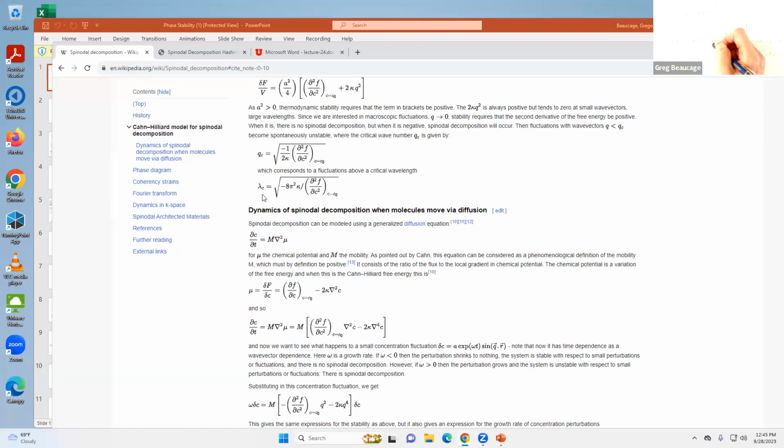Anyway, if you plug this in, then you're going to end up with FBC0. So the derivative of sine is cosine. So here you'll end up with cosine of this R dot Q times A. A is the delta C and cosine's the dot product, and then plus A by 2, and then the second derivative.